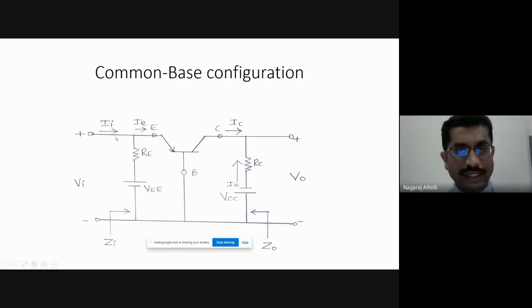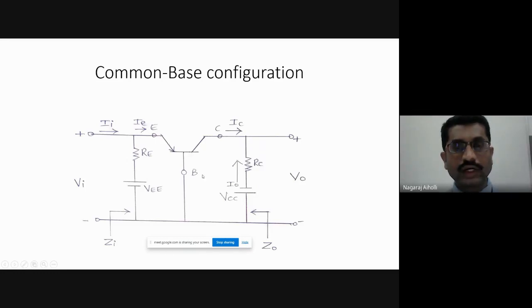Input current is Ii. Then the current into the emitter terminal is IE. Output current is Io, which is flowing into the transistor according to our convention. Then IC current is flowing away from the transistor. IE is flowing into the transistor and IB and IC flow away from the transistor.